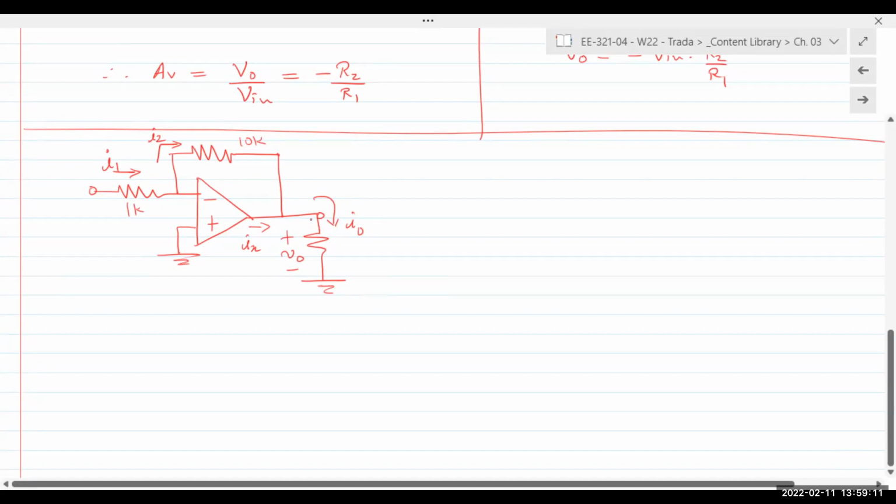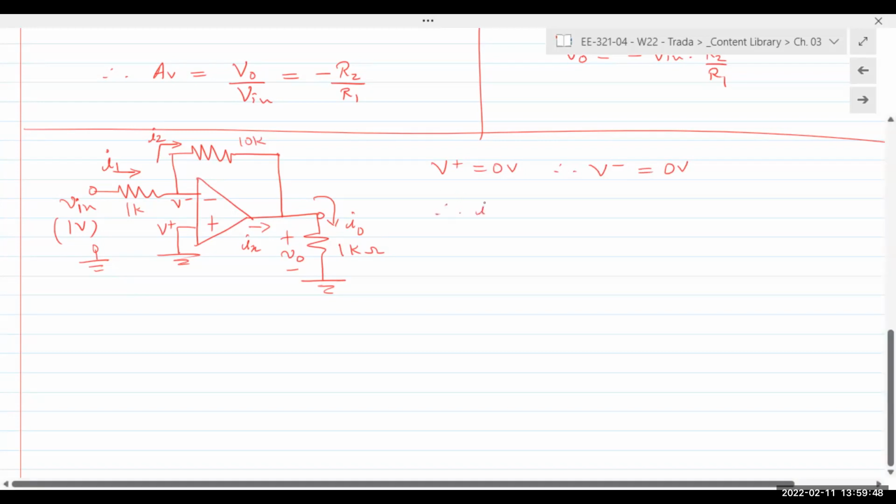So let's see. RL is given as 1 kilo ohm. And you're applying V in of 1 volt. V plus is 0 volts, so V minus is also 0 volts.